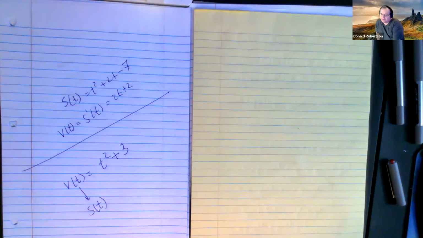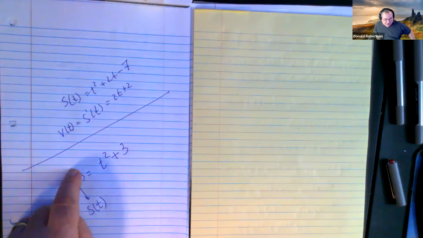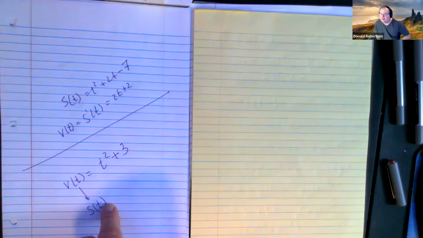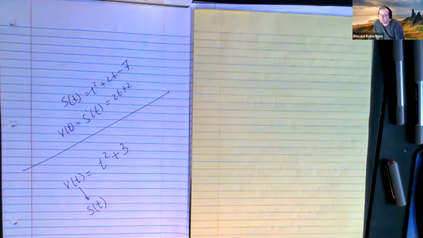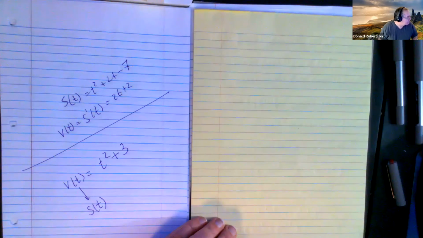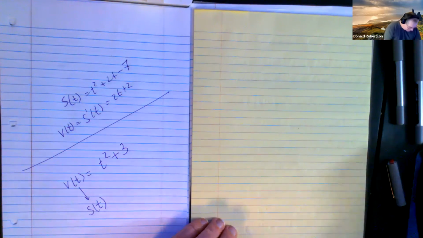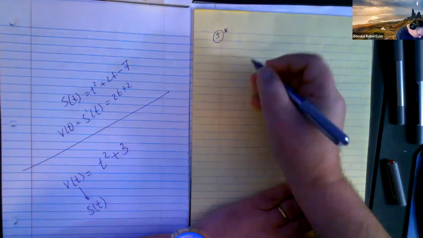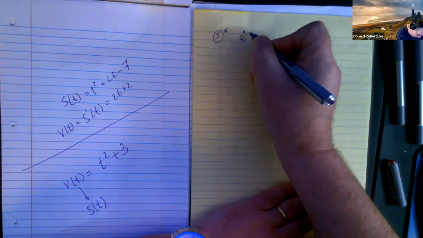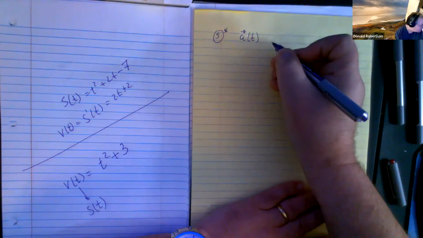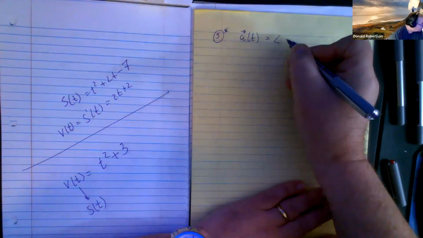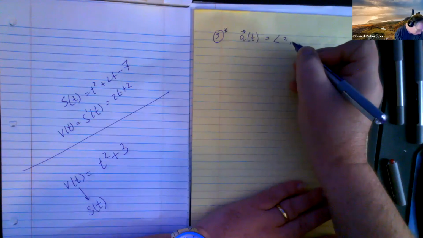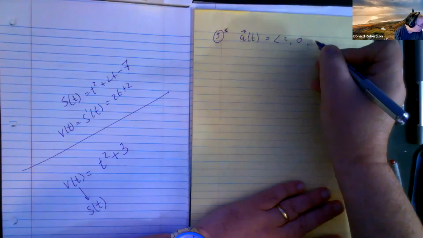Can you remember doing those? Didn't you have to integrate this to get that? We're going to do the same thing now. So the question that I'm picking is number 5. And we are being told the acceleration vector, and it's 2, 0, 2t.